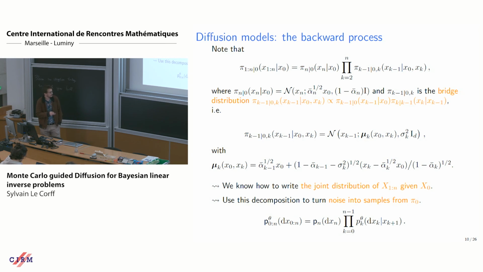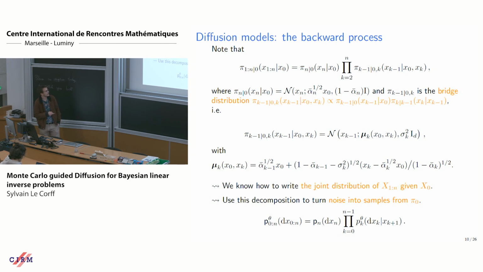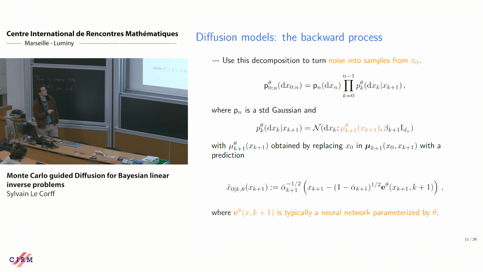So we're simply going to write for this quantity the exact same form as this one, where in mu k we replace x0 by an estimate of x0. This is an intuitive proposition. We propose a backward Markov kernel where we use the bridge of the Ornstein-Uhlenbeck process where x0 has been estimated, and to estimate it we're going to plug in any neural network that we want to work with.